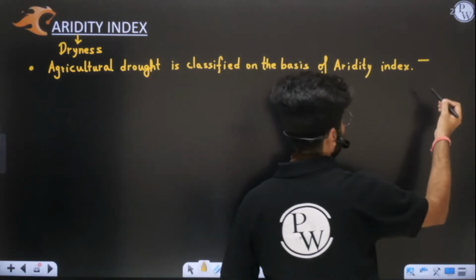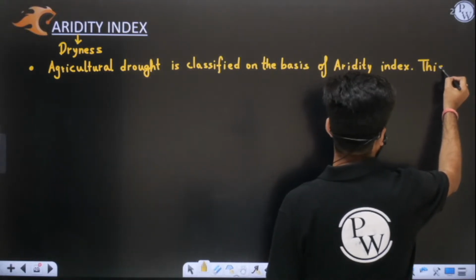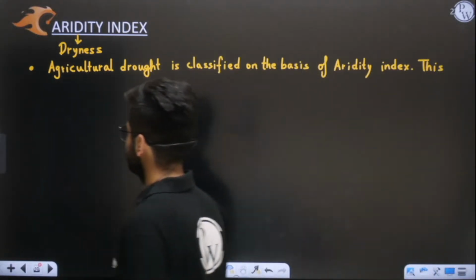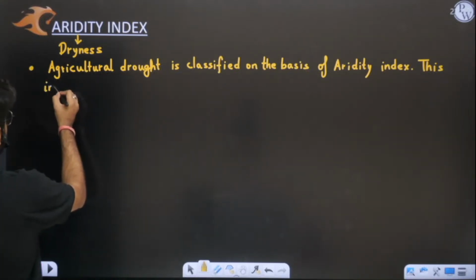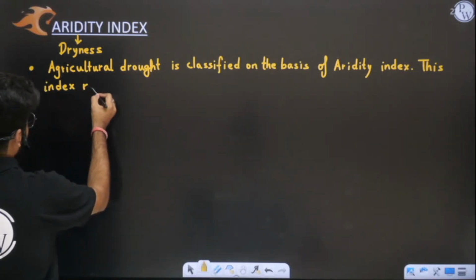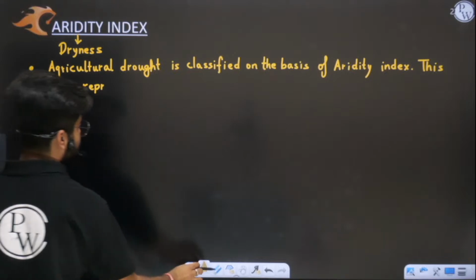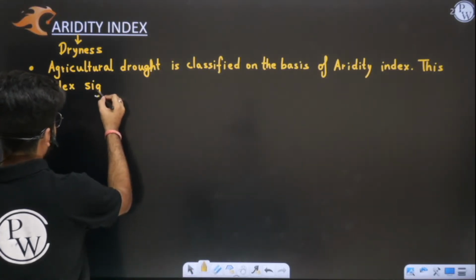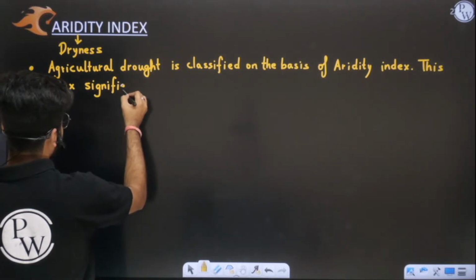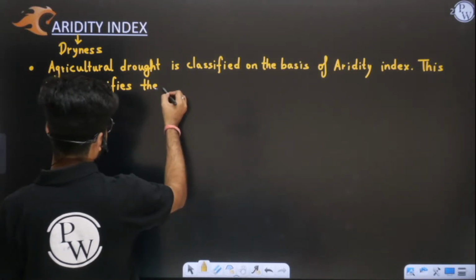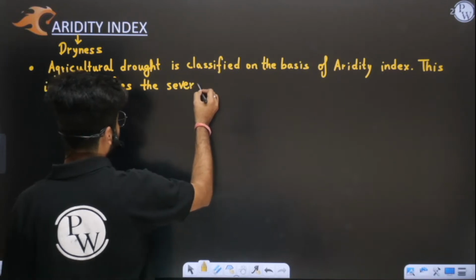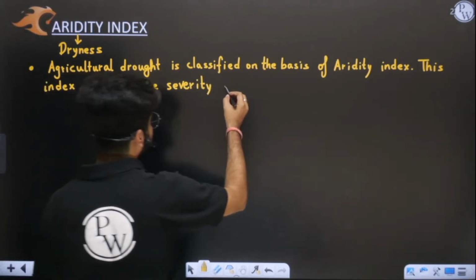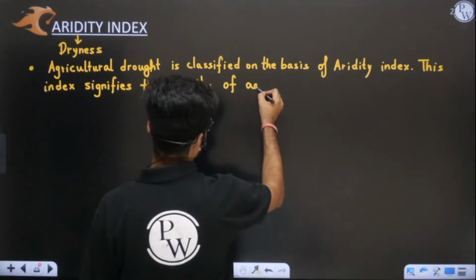Okay, simple thing, what this index is, we'll discuss. This index signifies the severity of agricultural drought.